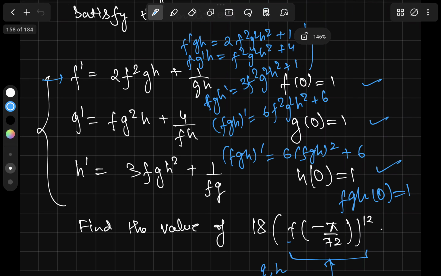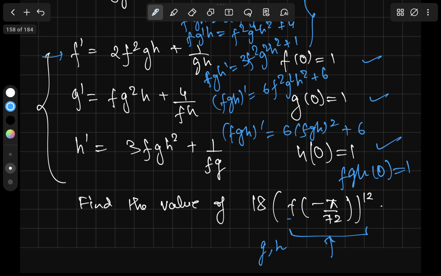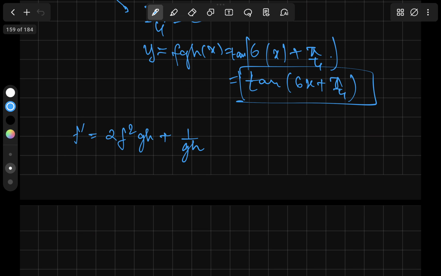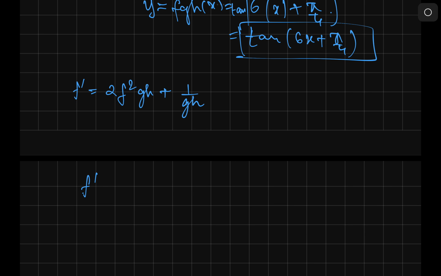So the first one is f dash is equal to 2f square gh plus 1 by gh. So the main thing that we had to do here was f dash by f is 2fgh plus 1 by fgh, dividing the whole equation by f.